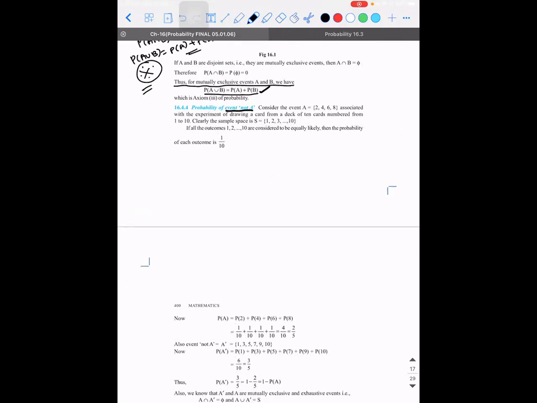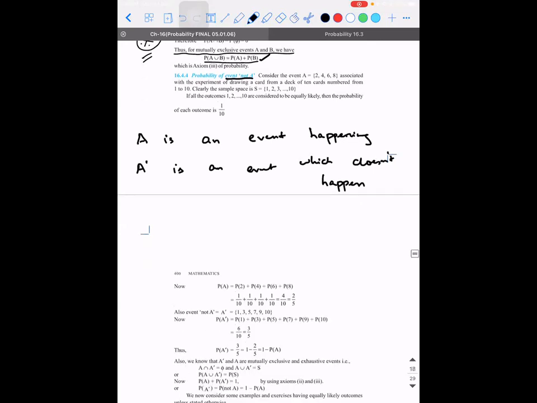So probability of event not A. What is the meaning of this? If A is an event happening, then A dash is an event which doesn't happen. Right? So A union A dash is equal to what?